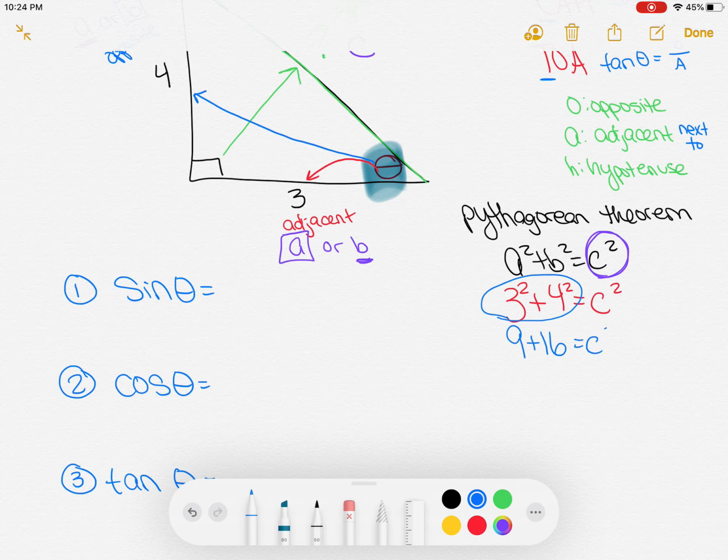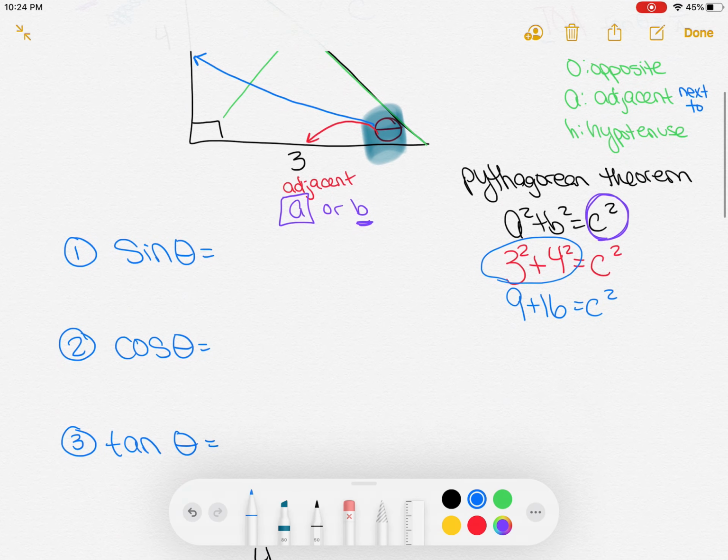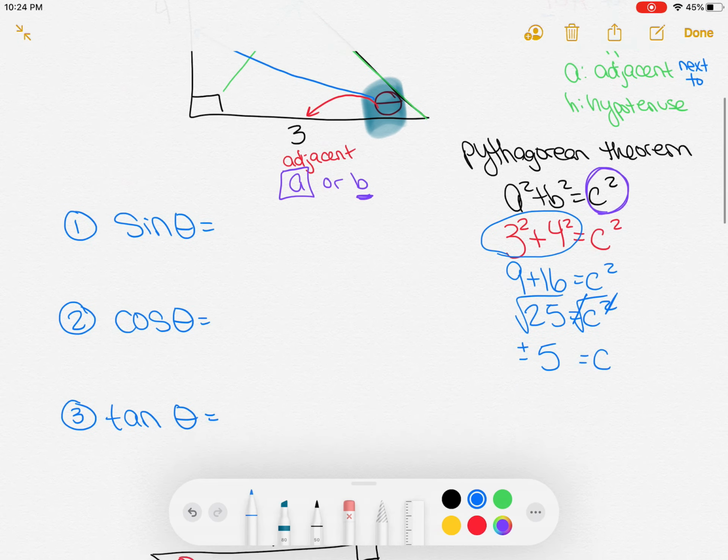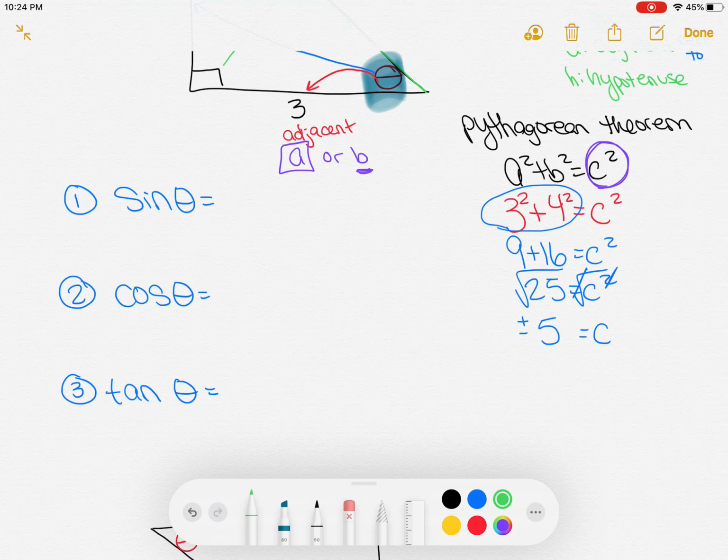So I can simplify this whole left side here. 3 squared is 9. 4 squared is 16. That's equal to C squared. And 9 plus 16 is 25. That's equal to C squared. And I'm going to take the square root of that to get rid of that squared, so I can get C by itself. And the square root of 25 is a plus or minus 5. Okay.